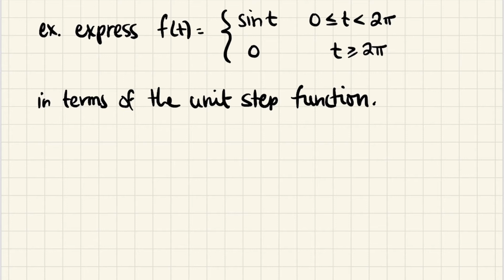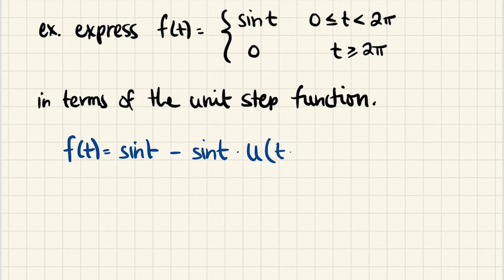Okay, so here we have a piecewise function, and we want to express it in terms of the unit step function. So yeah, very good. We know that f of t will be sine of t minus sine of t times the unit step function, t minus, in this case, 2 pi, because that's the threshold where the function turns off.